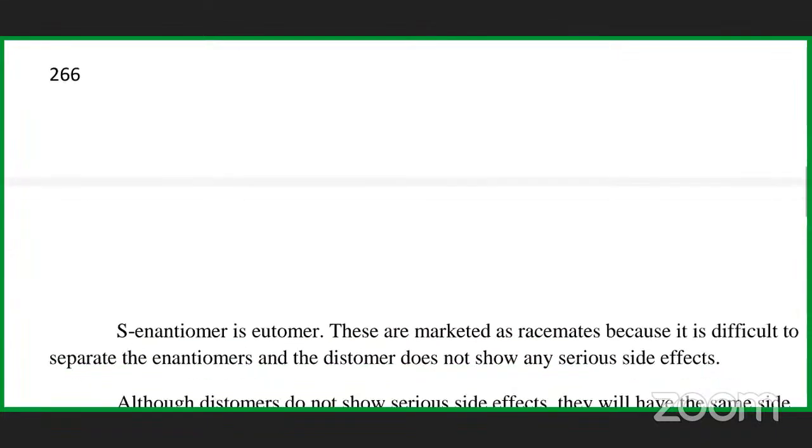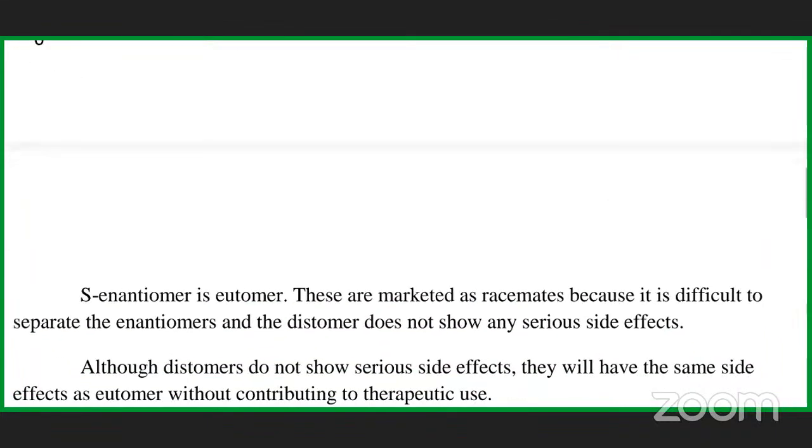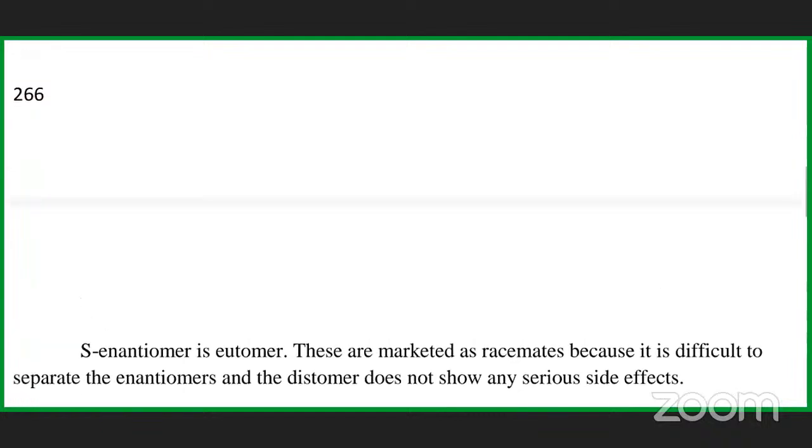And the S isomer is the eutomer. These are marketed as racemates because it is difficult to separate the enantiomers, and the distomer does not show any serious side effects.